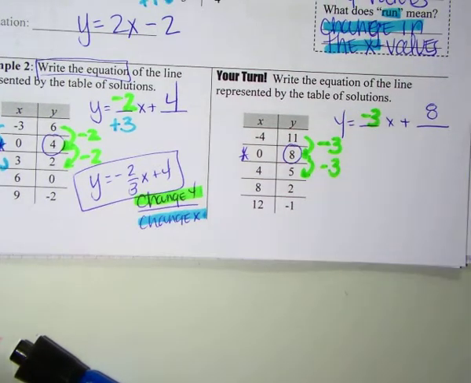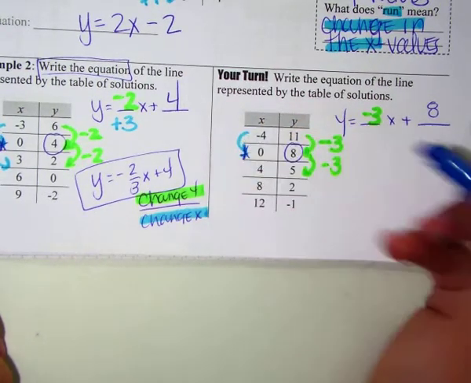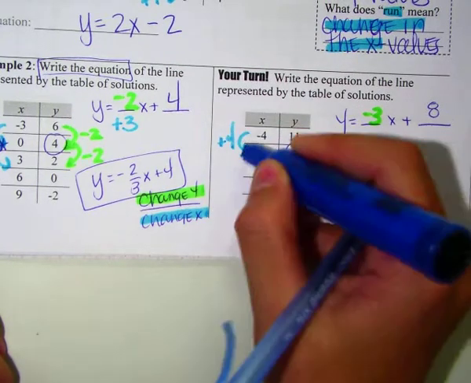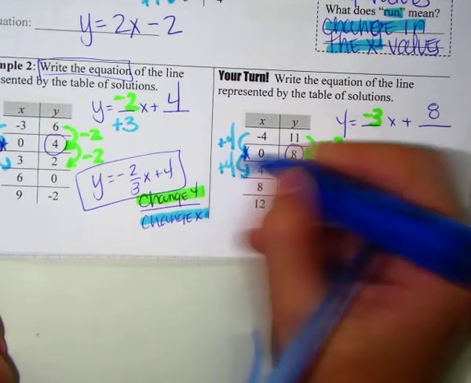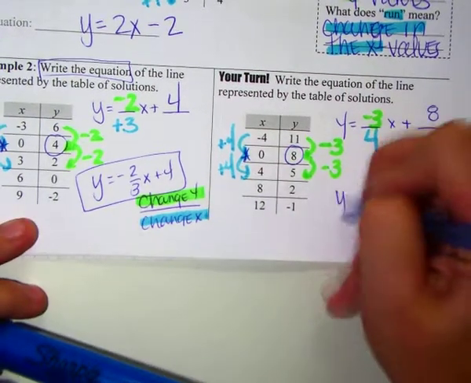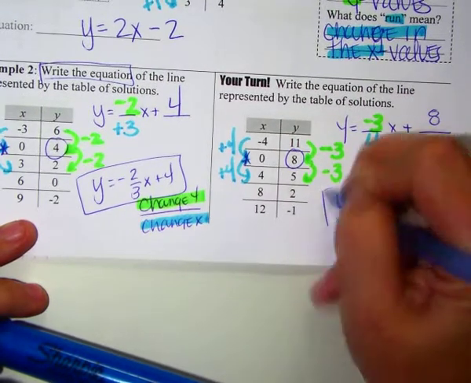So my change in y values is -3. My change in x values: -4 plus 4 is 0, 0 plus 4 is 4. Quickly simplify: y equals negative 3/4 x plus 8.